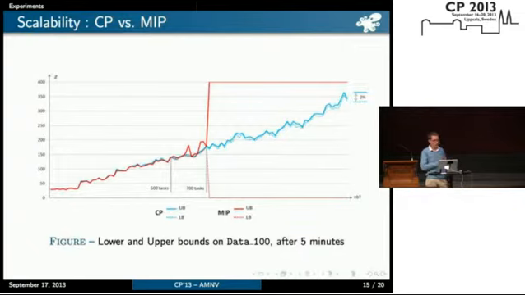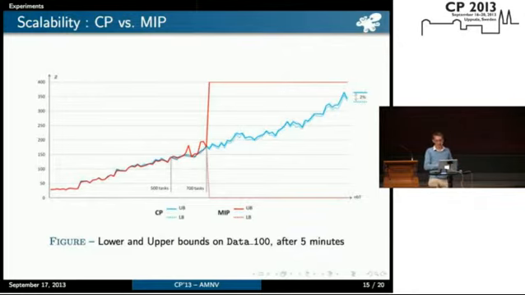And then between 500 and 700 tasks, it starts encountering difficulties, scaling issues, but it's still quite good. And after that, so it's roughly 100,000 binary variables for Cplex, it crashes. It cannot output anything, no lower bound, no upper bound, and actually it cannot end its root node relaxation.